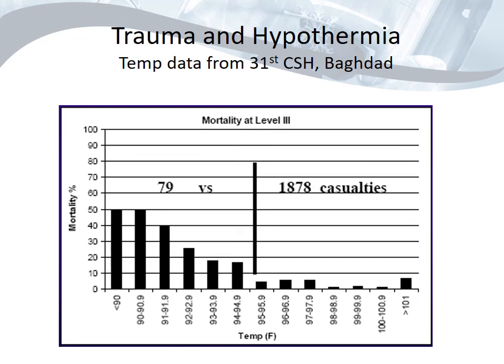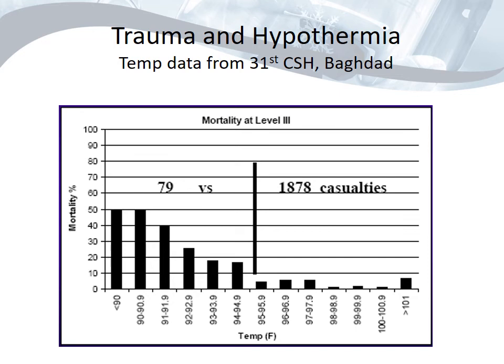But this is one of the pieces of data they got when they looked at admission or arrival temperature. They had 79 people show up at less than 95 degrees Fahrenheit, 1878 show up greater than 95 degrees Fahrenheit. And look at the mortality percent on this side versus that side. Now we all know there were a lot of other factors that contributed to this mortality than just hypothermia, but it is a very interesting graph to look at that difference.